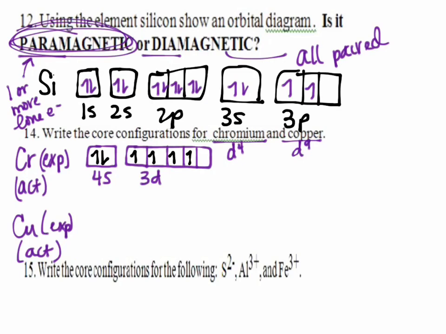Now what actually happens, and you will have a question on this on your test, is that the d and the s orbital are really about the same amount of energy. And so for the chromium families and the copper families, their ground state looks like this.